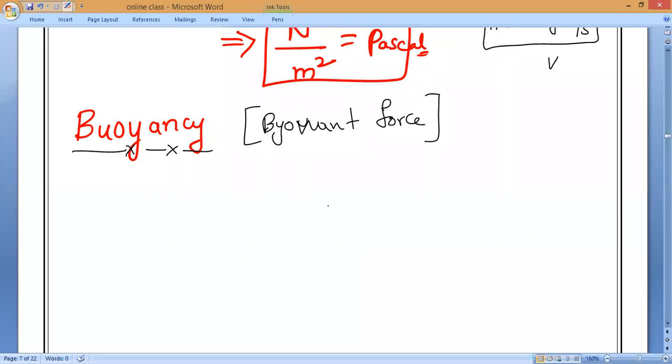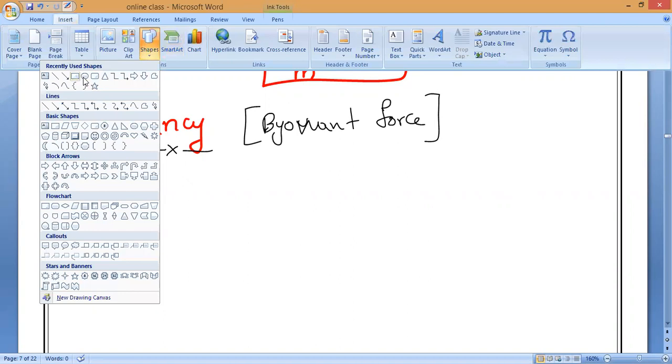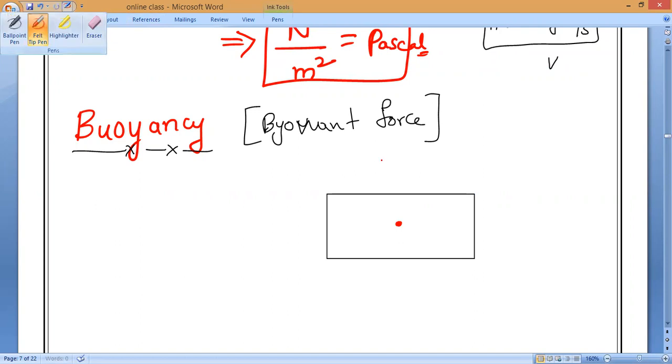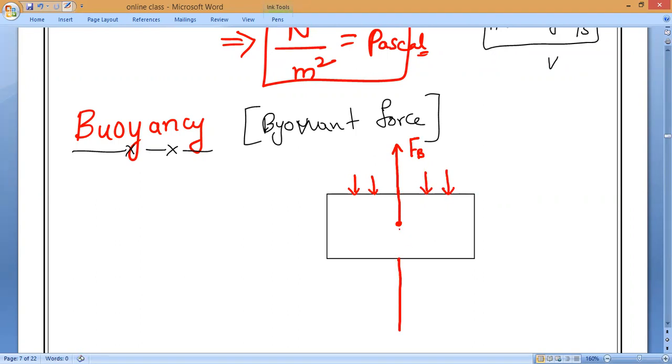Okay, guys. Once it is over, basically if I take any kind of object, please remember, the weight of the object always acts in the downward direction. If I consider the center, and draw, the buoyancy force FB always acts upward, and the weight of the object, if you notice, I am drawing downwards from the center. So the weight of the object always acts in what direction?